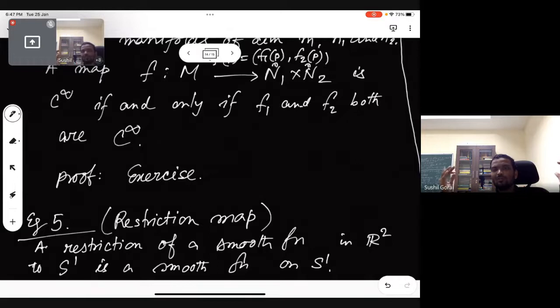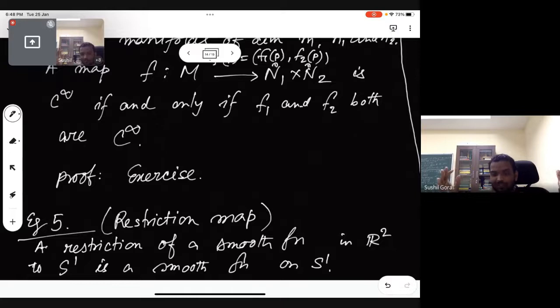For any kind of analysis, you need to know a lot of such functions, right? Here we are giving the notion of smoothness in spaces other than Euclidean. So there we get the notion of smooth manifold, smooth structure and smooth maps, but we need to have enough examples.